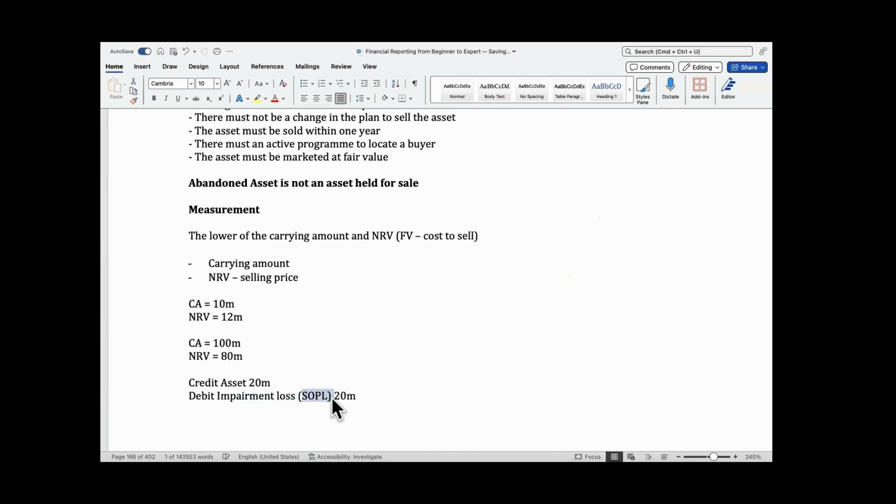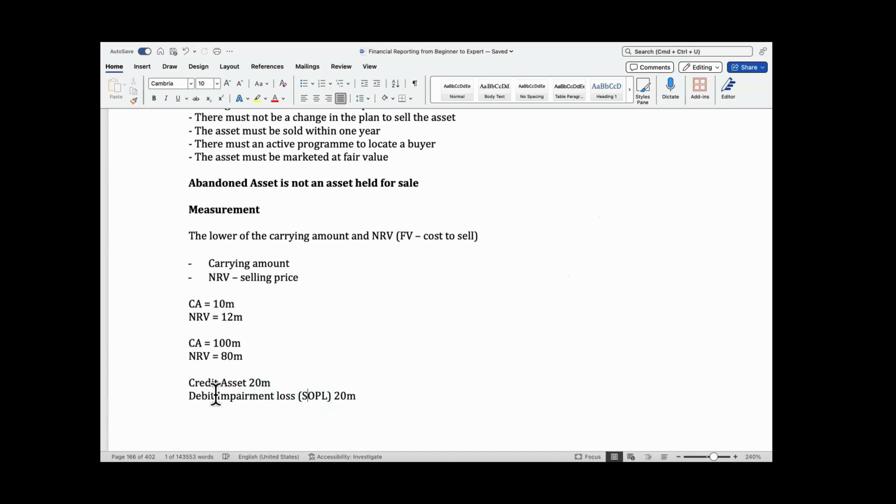Anytime you have to write down your carrying amount to its NRV, anytime the NRV is lower, it means you need to write down that carrying amount to its NRV. So when you need to reduce the value of the asset, you credit the asset. You simply debit an impairment loss. We call it an impairment loss to P&L.